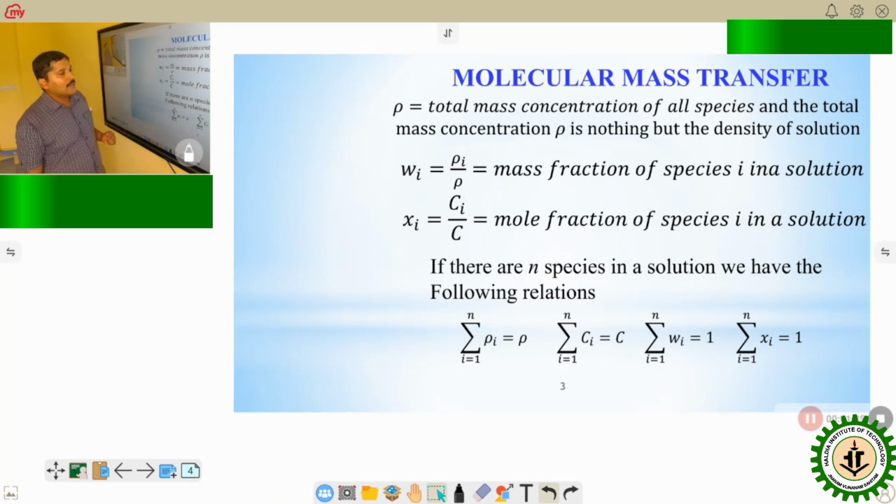From here, we simplify all these things, and we can write another quantity, the mass fraction. What is mass fraction? We represent it as wi, which is rho i by rho.